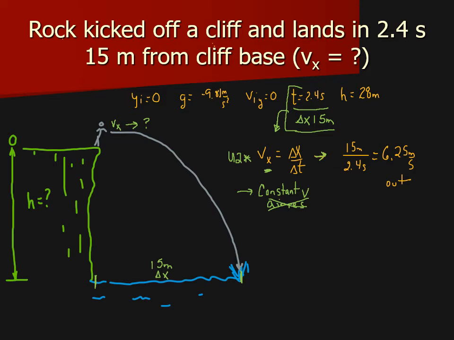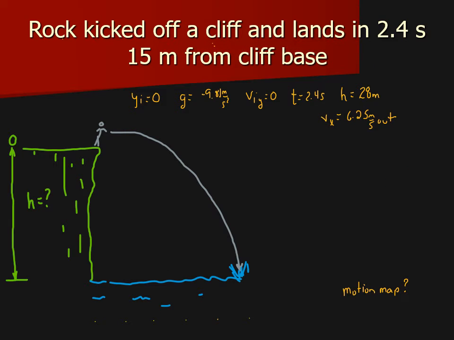Plugging and chugging in this particular case, 15 meters divided by 2.4 seconds will tell me that it has a constant velocity in the x direction of 6.25 meters per second, which, if you allow an object traveling at 6.25 meters per second to travel for 2.4 seconds, that object can move horizontally 15 meters. So this all supports itself. Very cool. What more can we do? Well, how about a motion map? Hey, pretty cool, huh? Like how the stuff all ties back together to the modeling.